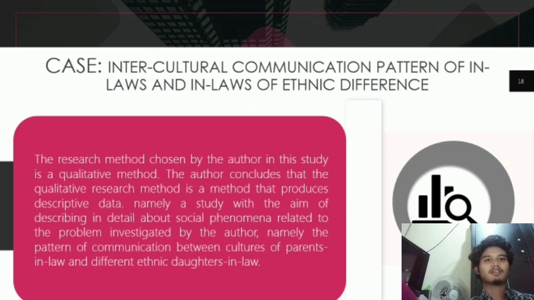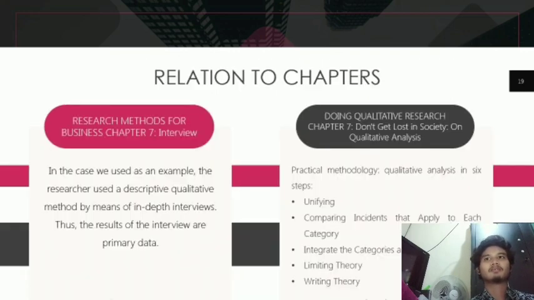And next, I'll explain the relation of the case to the chapter. We start from Research Methods for Business. In the case we use as an example, the researcher used a descriptive qualitative method by means of in-depth interviews. Next, Doing Qualitative Research.